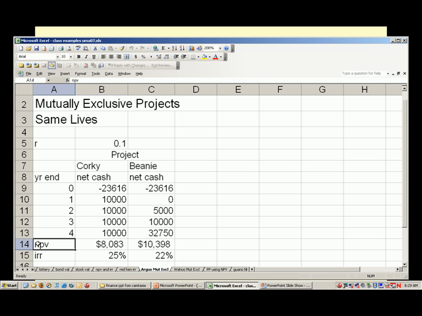The NPV calculation assumes that the cash flows that occur in the early years of the project can be reinvested at the discount rate. The IRR function assumes that early cash flows that are spun off can be reinvested at the internal rate of return.